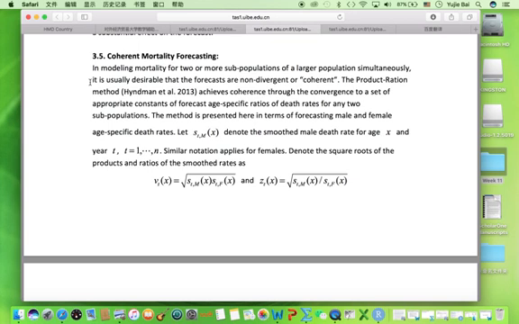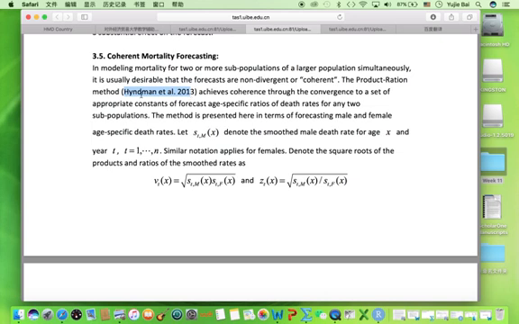And this result is much less useful in practice if the forecasting results, for example in male and female, are quite different. To avoid these problems, the coherent mortality forecasting method was introduced by Hyndman.